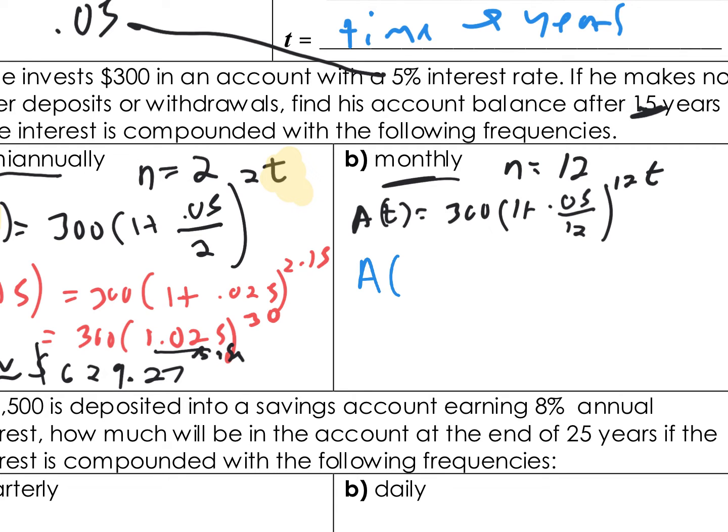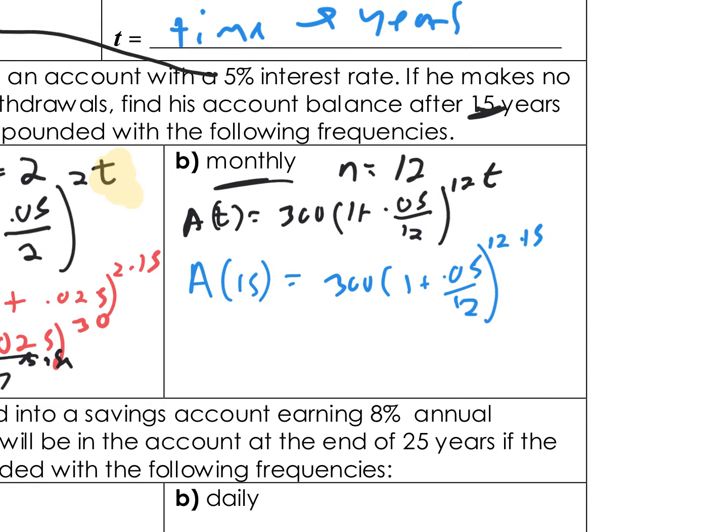All right, so A of 15 will be 300 times whatever 1 plus 0.05 divided by 12 is, raised to the 12 times the 15. And again, I'm not sure what 12 times 15 is in my head. I could probably do it 150 plus 30, 180. Oh, okay. I did do it in my head, but it hurt my head a little bit. I kind of got like a brain freeze.